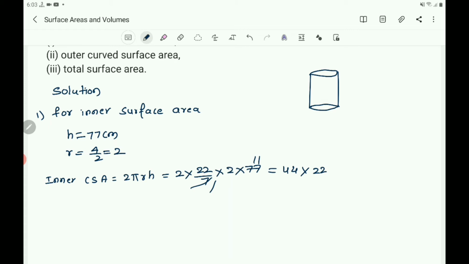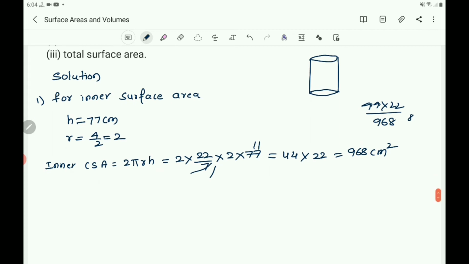Then 44 into 22: 22 4s are 88, 8 carry, 22 4s are 88 plus 8, 96. So you got 968 cm square, that is the inner surface area.